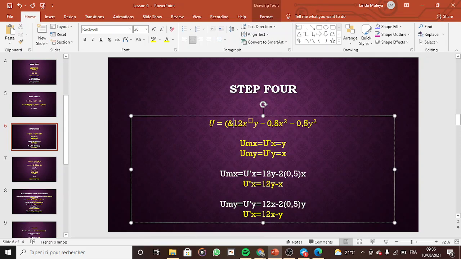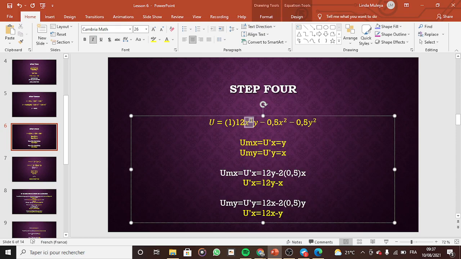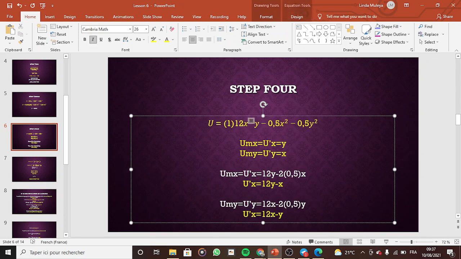So it should be 1 times 12, then x, they didn't indicate the power, which means there is 1. So it will be x power 1 minus 1. And x power 1 minus 1 is 0, and x to the power 0 is 1.